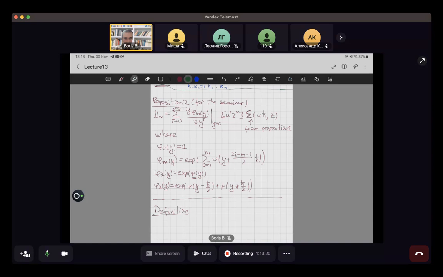So it's a sum over all simple graphs on n vertices, and W k l minus 1. This is the weight of the edge, and this weight of the edge W k l is equal to more or less this huge exponent.